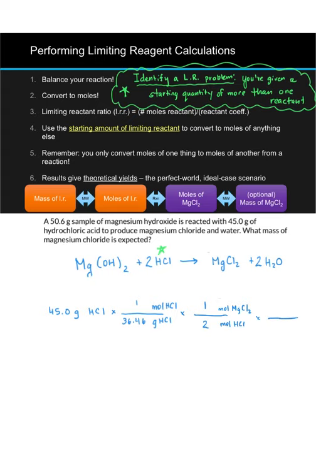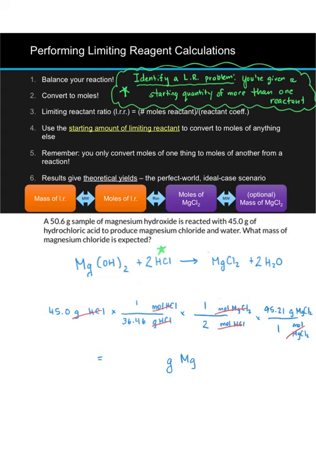Finally, to go from what's now moles of MgCl2 into mass of MgCl2, we need the molar mass of it, which works out to be 95.21 grams per mole. As we move through this calculation, we'll get rid of grams of HCl, moles of HCl, moles of MgCl2, and be left with grams of magnesium chloride at the end.